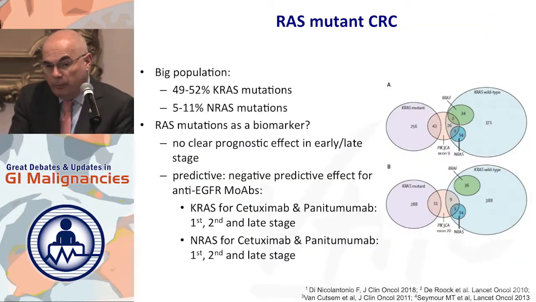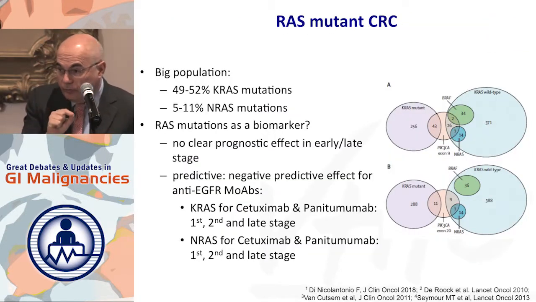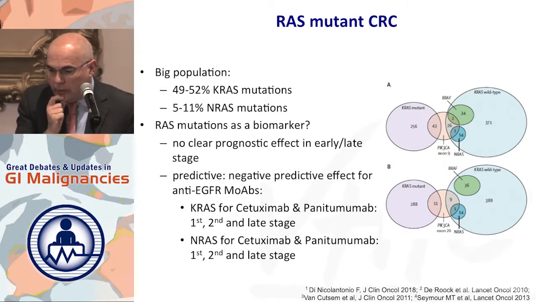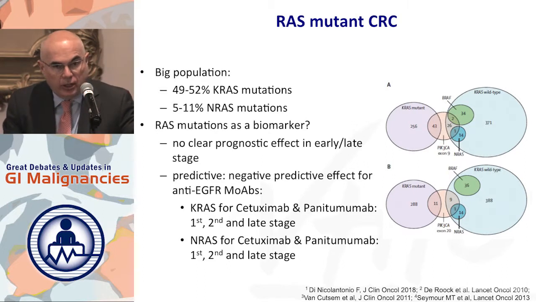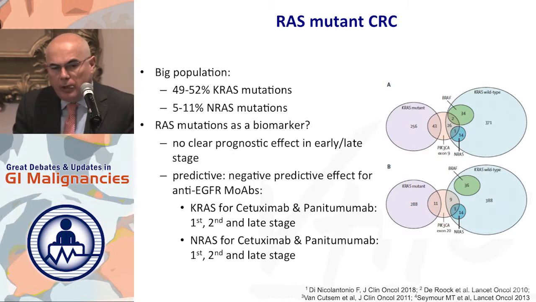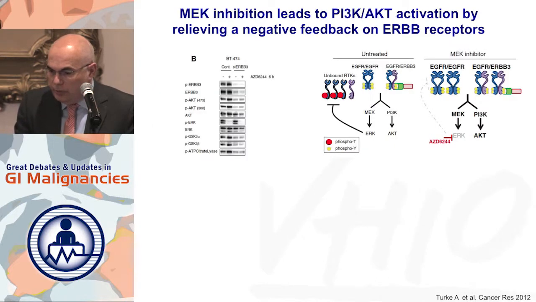For the RAS mutant population, and again, this is the most frequent population that we have in colorectal cancer, we know that these patients are refractory to EGFR inhibitors, and we still don't know the best way to treat them.